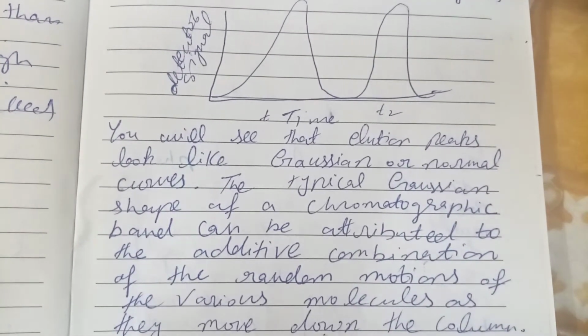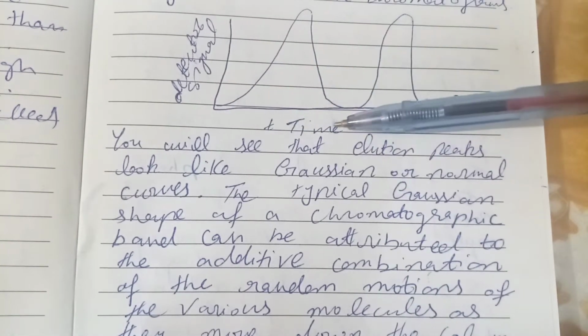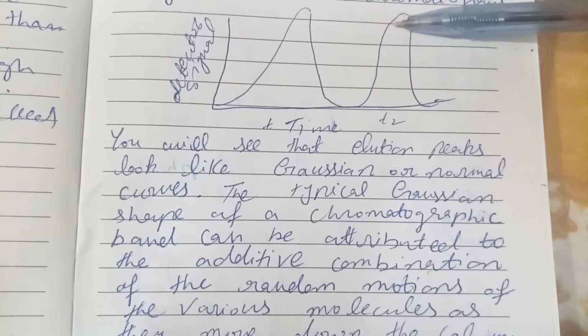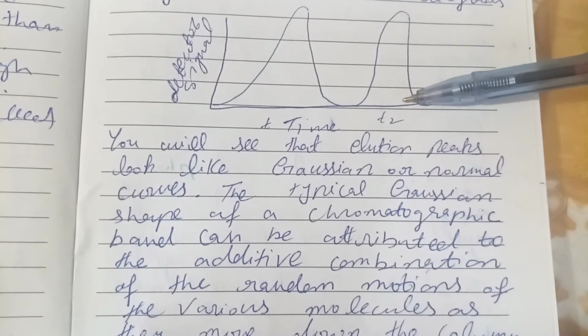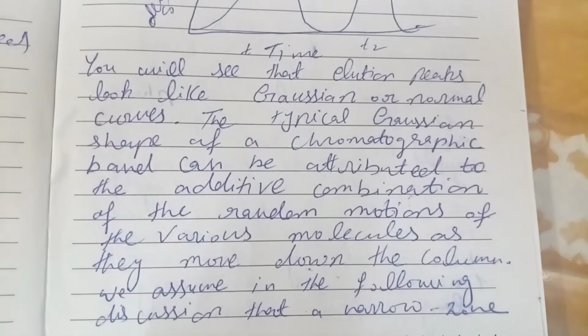It means that formation of these Gaussian curves depends upon the random motion of molecules as they move down the column.